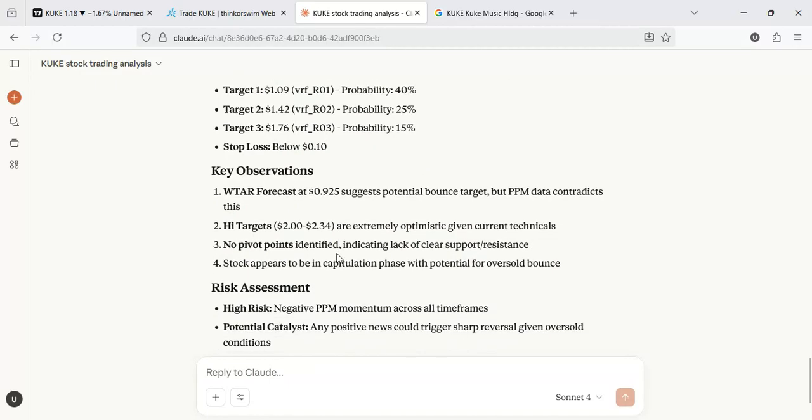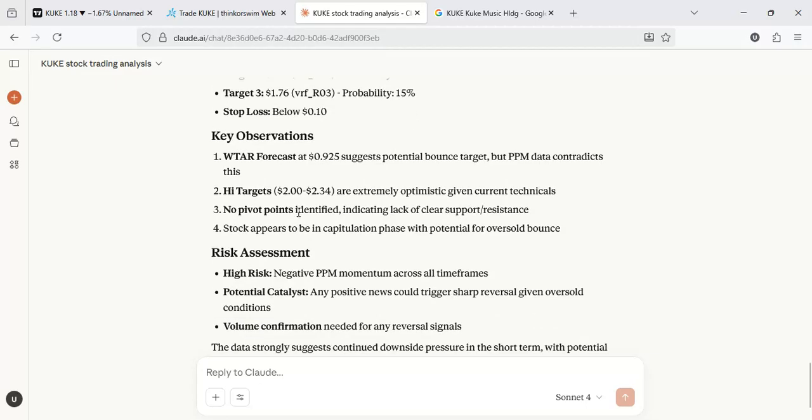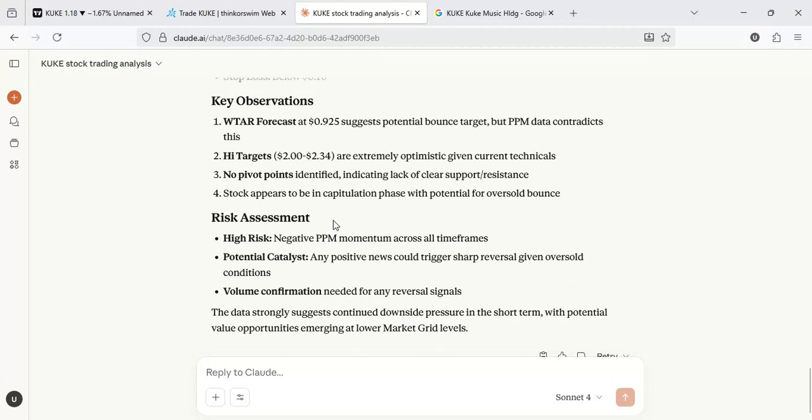Key observations. 0.925 suggests a potential bounce target, but price pressure momentum data contradicts this. High targets of $2.2 to 2.34 are extremely optimistic given current technicals. No pivot points were identified, indicating a lack of clear support and resistance.